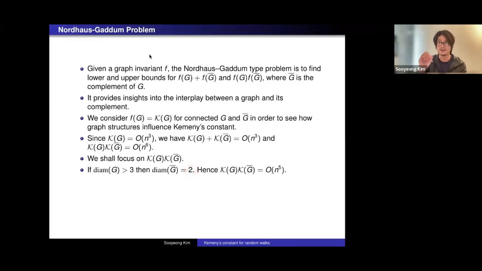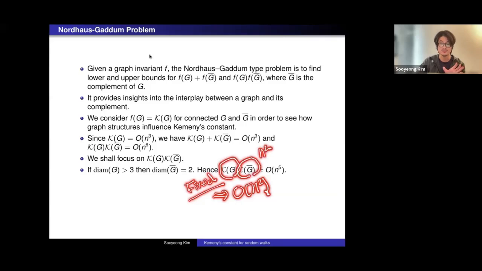So we have seen that if we have a fixed diameter, then the maximum order of Kemeny's constant is n squared, right? So if you have a graph whose diameter is greater than 3, then automatically Kemeny's constant of G bar is going to be n squared. And this part's maximum order is n cubed. So we have this upper bound.